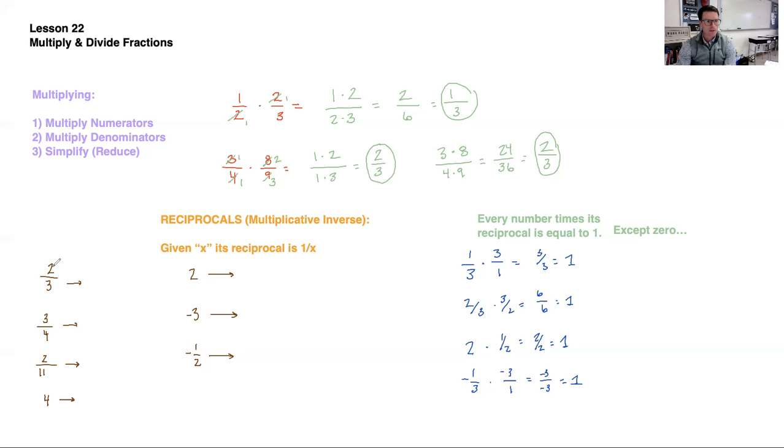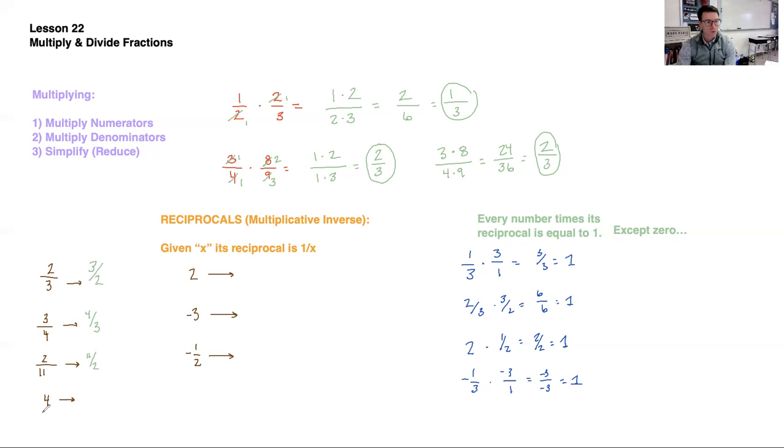All right, welcome back. So the reciprocal of 2/3, technically it would be 1 over 2/3, which would be 1 divided by 2/3, which is 3 over 2. 3 over 4 is going to be 4 over 3. The reciprocal of 2 over 11 would be 11 over 2.